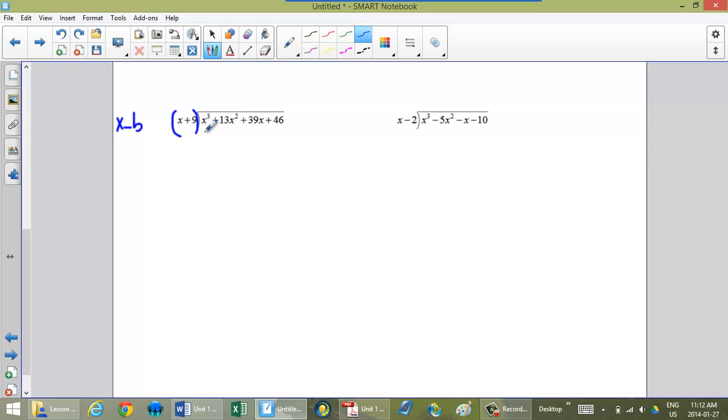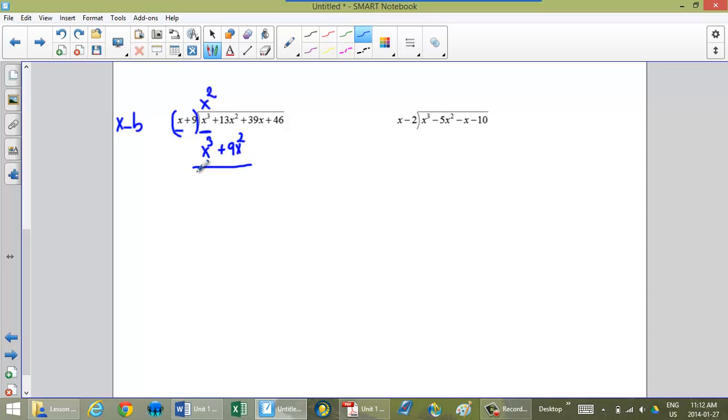So the leading terms right now is x cubed, and in the binomial is x. So how many times does x go into x cubed? It's x squared times, because I know once I apply that multiplication step, I want to get to an x cubed. X times x squared means x cubed, and x squared times 9 means 9x squared.